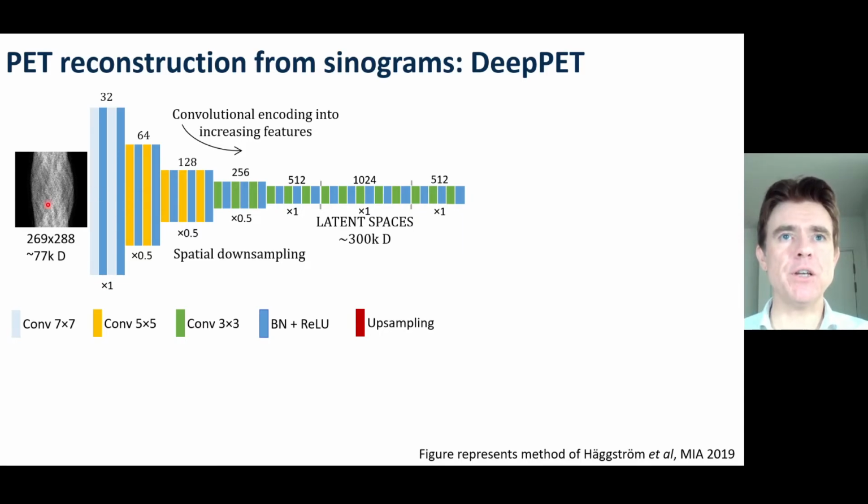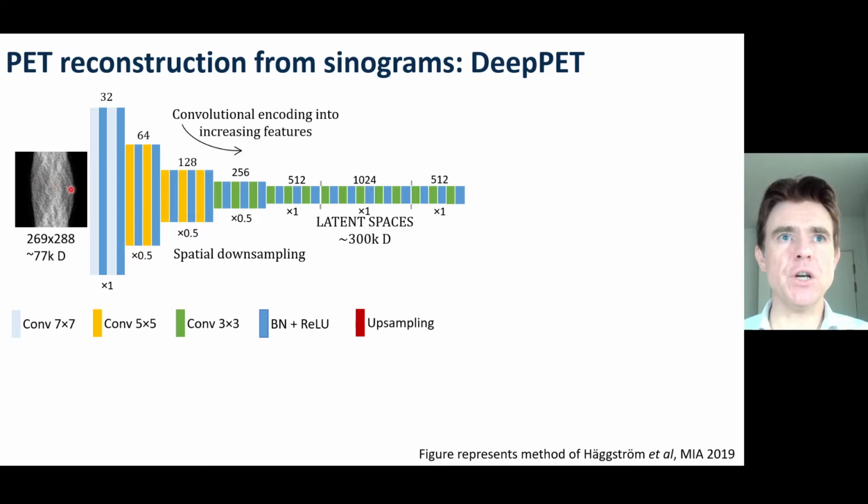And what's happening then, as we've seen before in our understanding of CNNs, is that as we decrease the spatial sampling, we simultaneously increase the number of features. So this is a typical example of a hierarchical feature representation where we're reducing the distribution of information spatially and converting it to a distribution of information in a feature space.